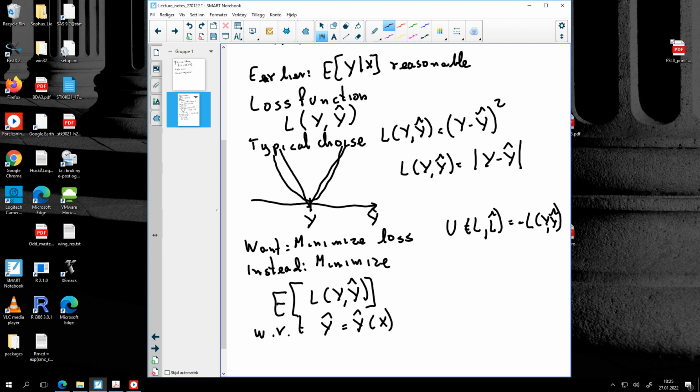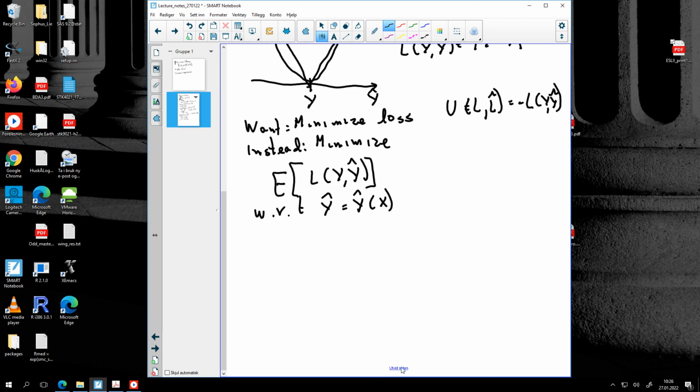How can we minimize this expectation in a general setting, but also specifically in this case where we have the square loss setting? Okay, but let's now consider the specific case where L of y, y hat is y minus y hat squared.